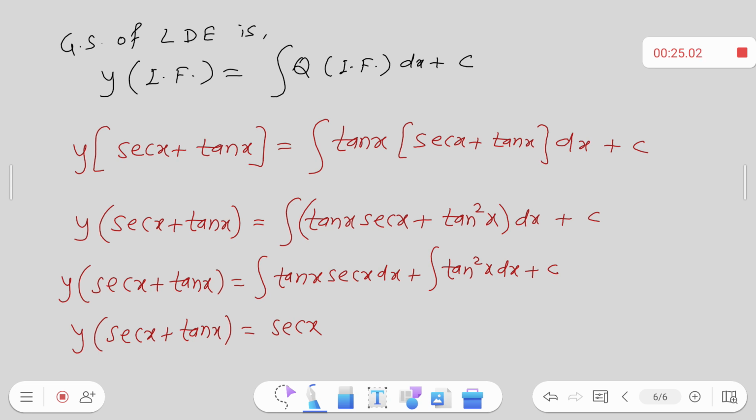Or if you don't know the result, convert it into sine and cosine. Then it is sin square by cos square, and again use the result that sin square is 1 minus cos square. Or if you know it, you may directly use the result. If not known, then find the result. So the integration of tan square is tan x minus x plus constant of integration c. So this is the general solution.